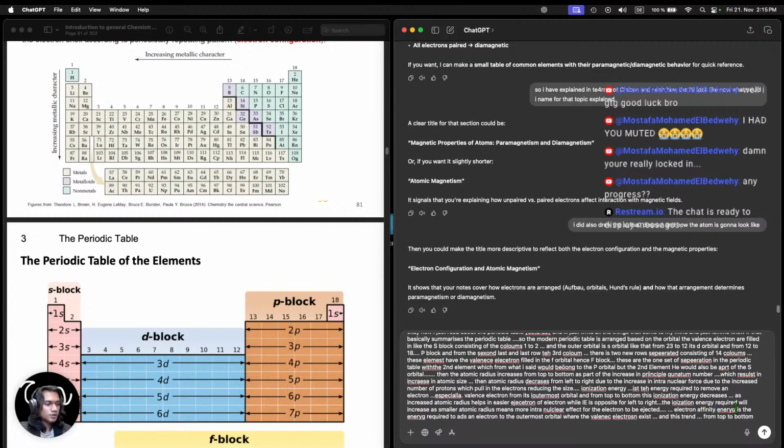Electron affinity, I'm gonna name it EA.